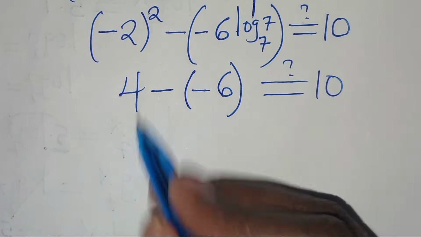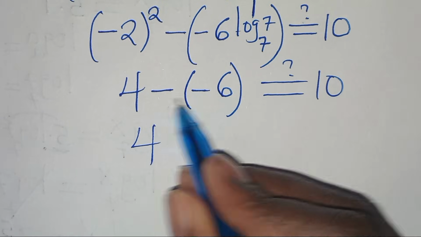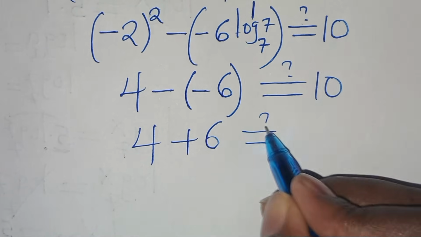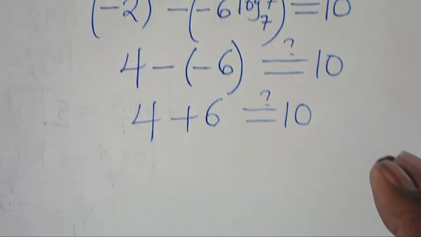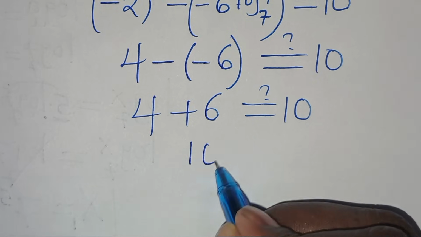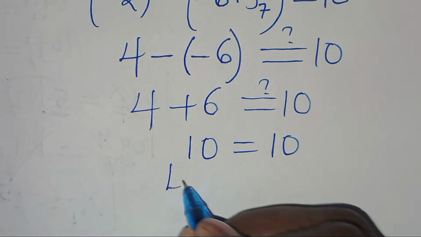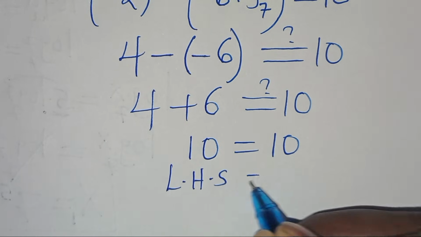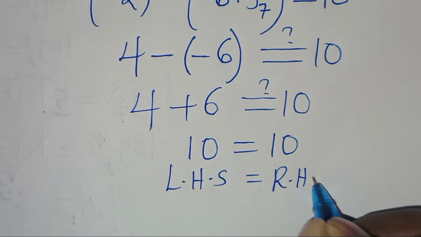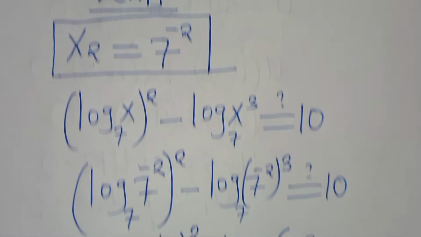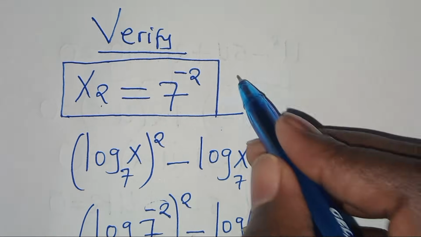So we have 4 minus times minus 6, this is plus 6. So 6 plus 4 is 10, which is equal to 10. So this implies that the left hand side is equal to the right hand side, and this proves that x2 also satisfies the equation.